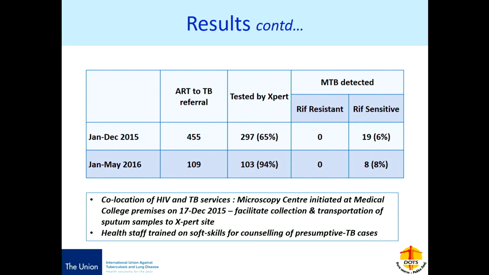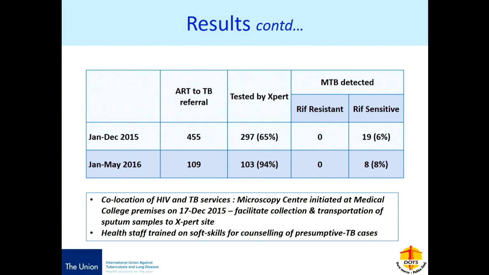Meanwhile, there were two short interventions done in between, towards the second half of December. One is the co-location of HIV and TB services in the same premises. A microscopy center was initiated within the medical college premises in December 2015. This was facilitating the collection and transportation of sputum samples to the expert site.